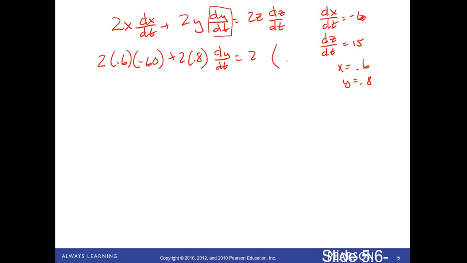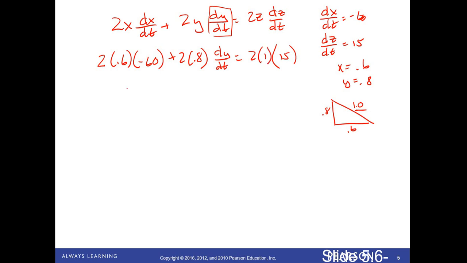And I know dz/dt. Do I know z? Remember, we had a right triangle. So using a 3, 4, 5 right triangle, z should be 1.0. So although I wasn't given that distance, I can calculate it from the drawing I made.